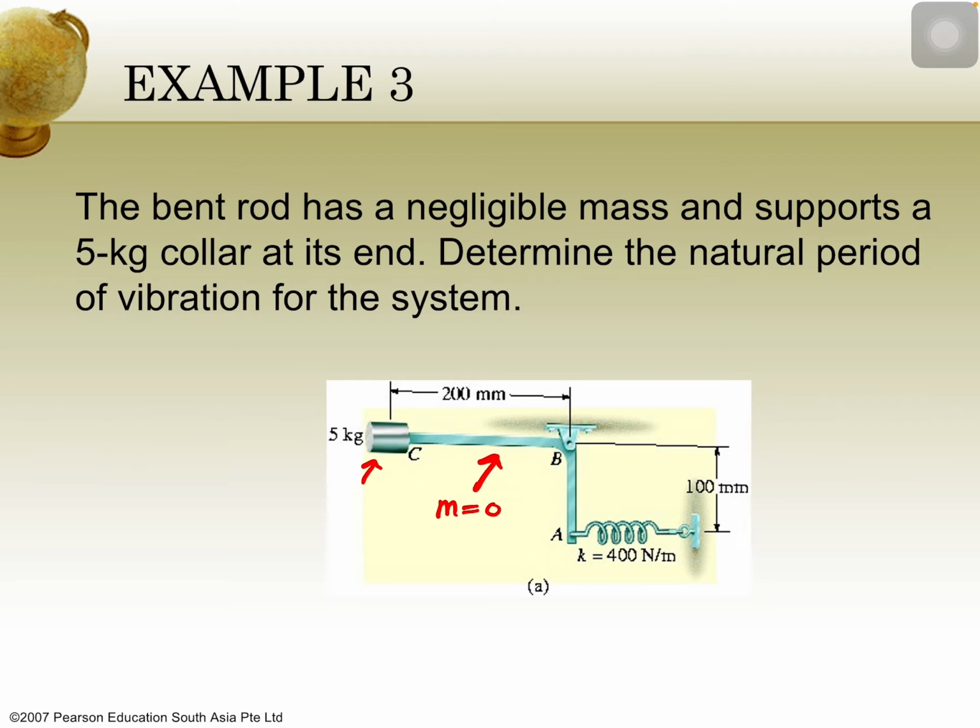So this one, this is the collar at its end. Determine the natural period. Again, the question asks us to find the natural period, or the period. Natural period is related to the natural frequency. Okay, natural period for the system. Alright.